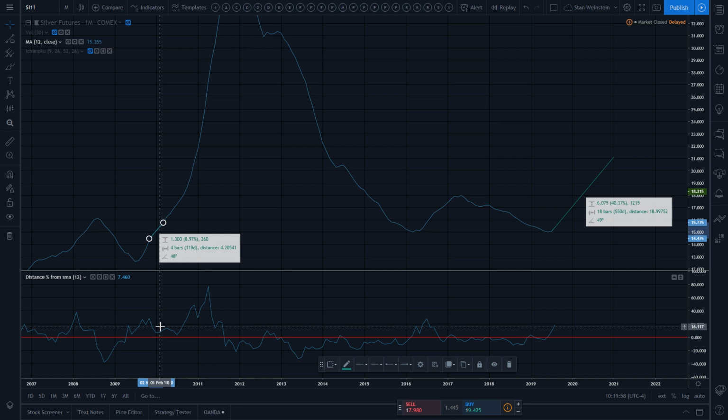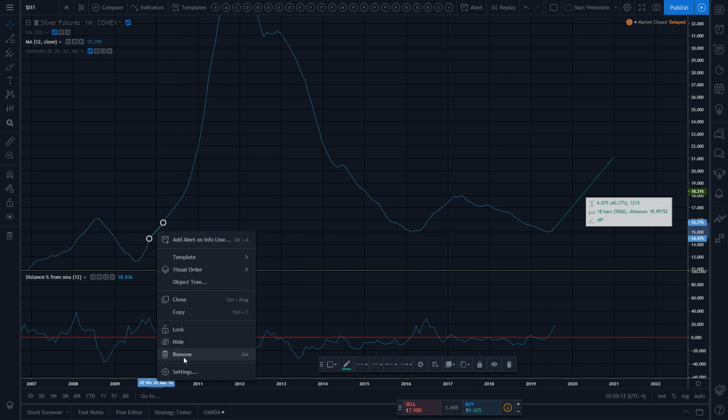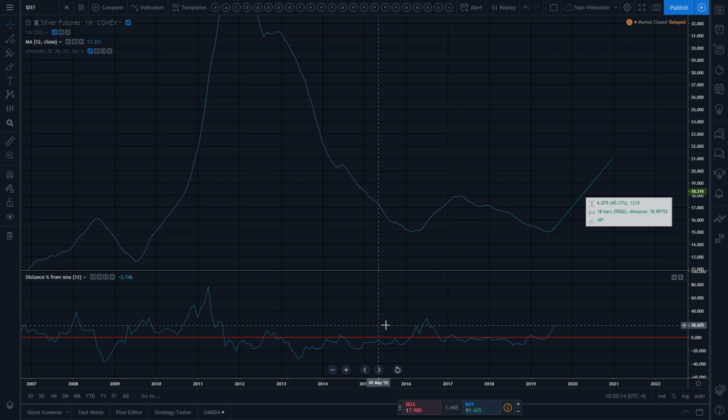Where was the angle? I see the price action was actually still, where were we? 7%, 14, 7, 10%. So if you want to be conservative, you could say that the price action will be maybe 10% away from the 12-month moving average.